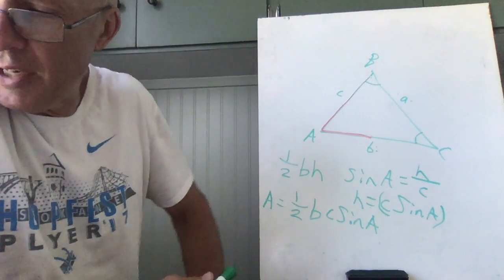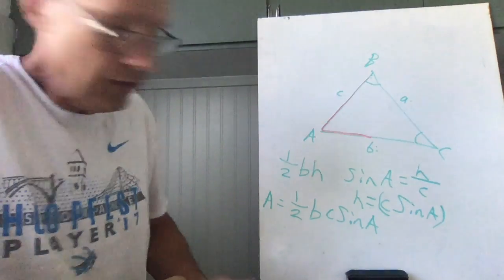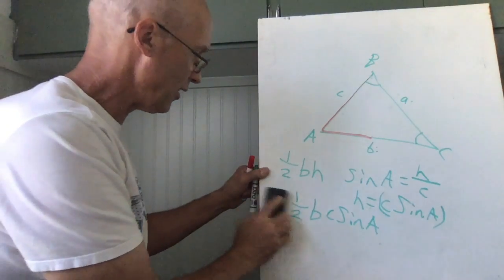So that's your first key concept. It's the area of a triangle.